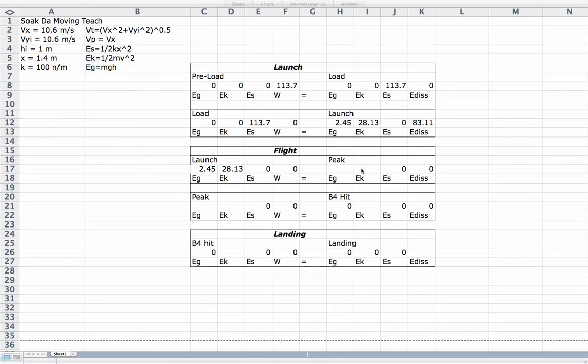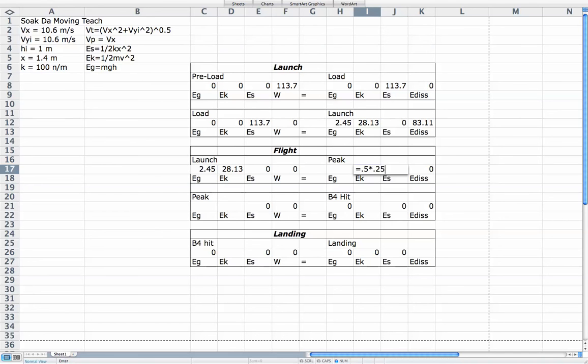But I can determine what EK is, because I know at the peak that EK is going to equal 1/2 times the mass, which is 0.25, times the velocity squared. And at the peak, there's no longer any vertical velocity, so what I have left is just the initial x velocity here, which is the 10.6.